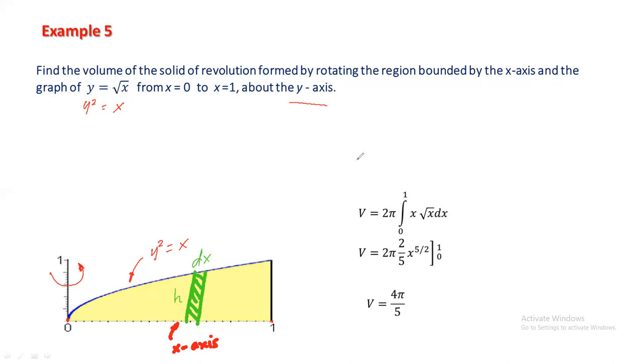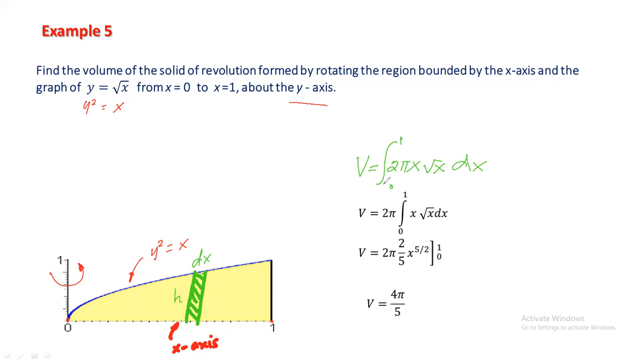So your volume is equal to 2 pi. Distance of this cross section from here is x, and the height from here to here in terms of x is square root of x dx. The limit is from 0 to 1.